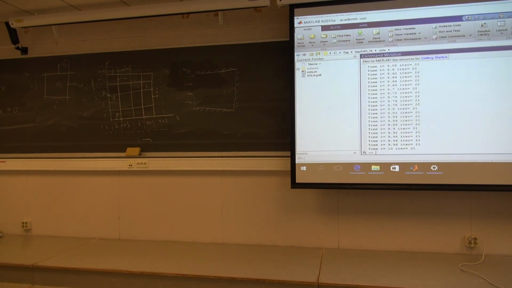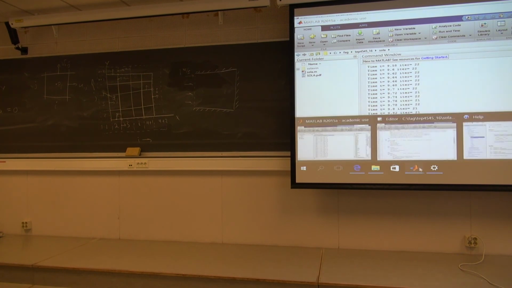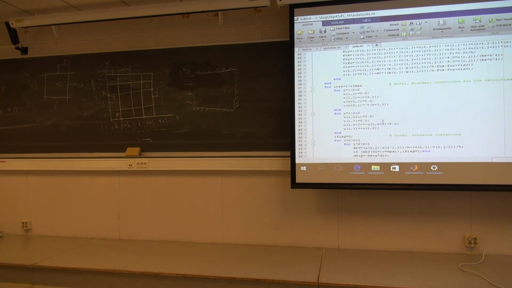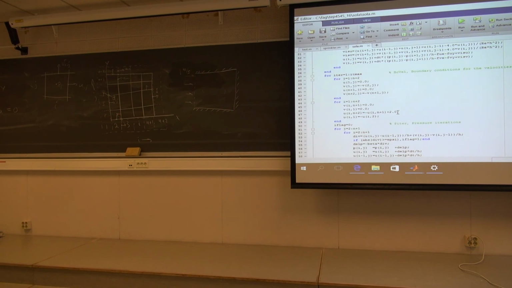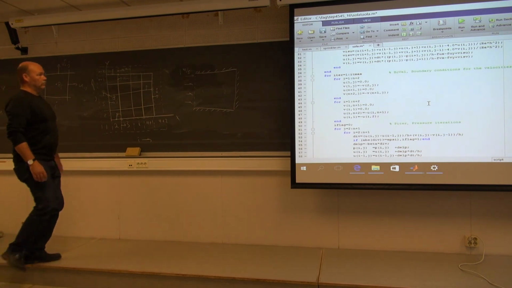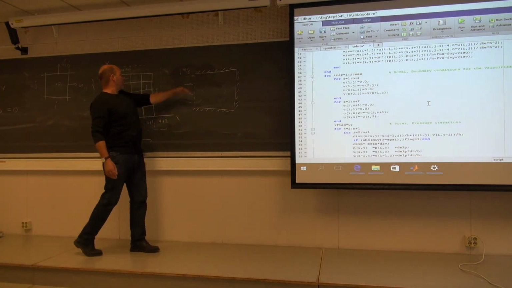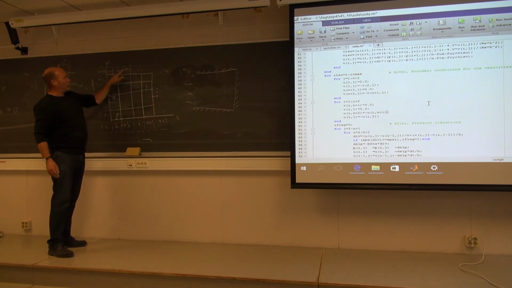So now we will reprogram it. First of all, I remove the +2. Then, now the top wall doesn't move. It will be 0. I have removed this average velocity of 1 between those two.